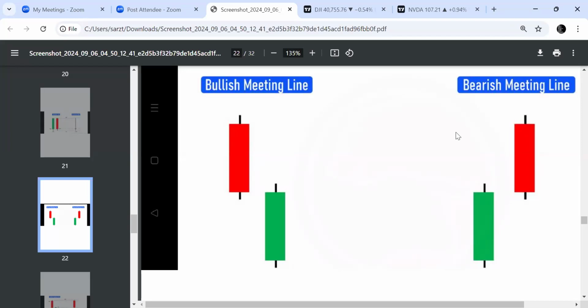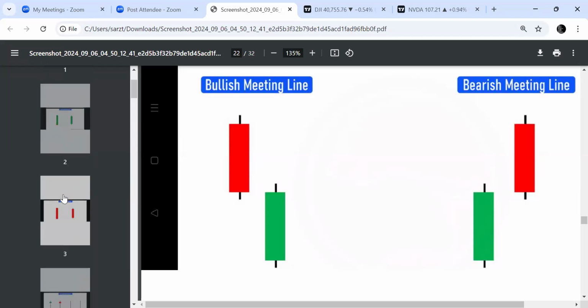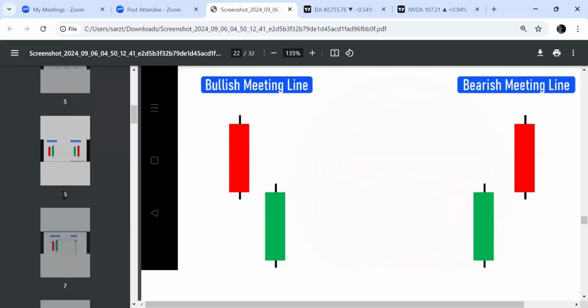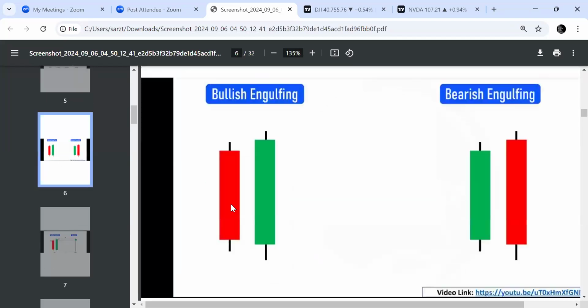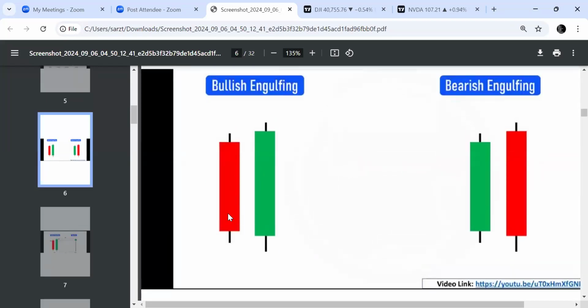So here, if we check, the engulfing pattern indicates more power. The engulfing pattern has more power because in the engulfing pattern, a strong Marubozu candle forms, and it is completely taking over the previous candle. So this engulfing pattern indicates more power.